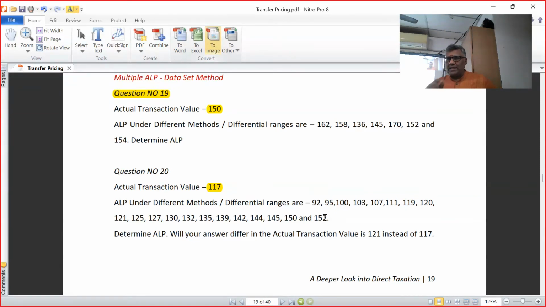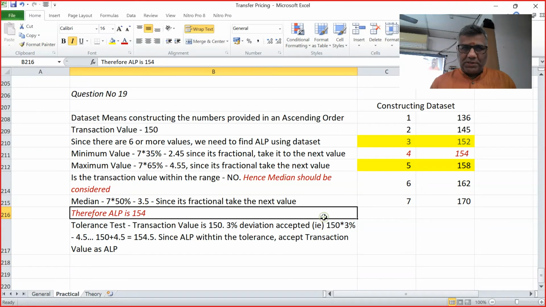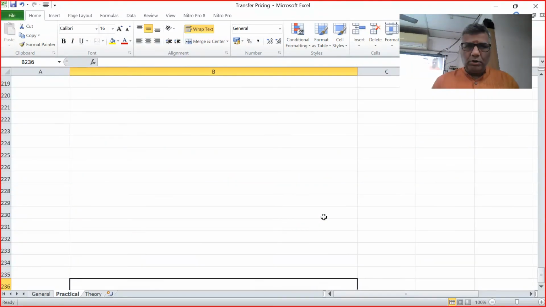The question itself is given in ascending order. We need not reproduce, but there are totally 20 values. First listen. All of us first listen, please.